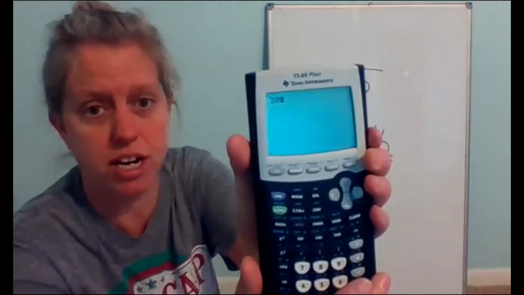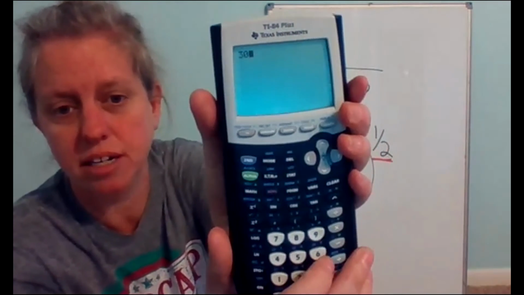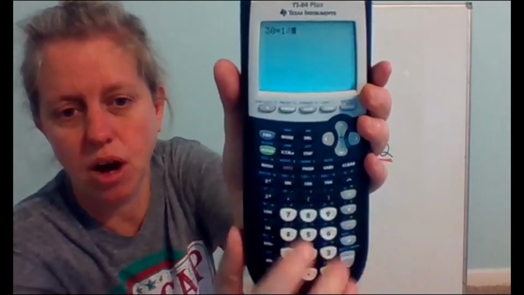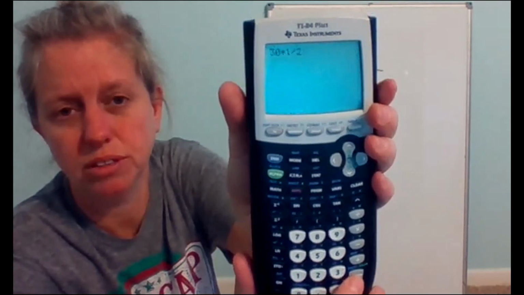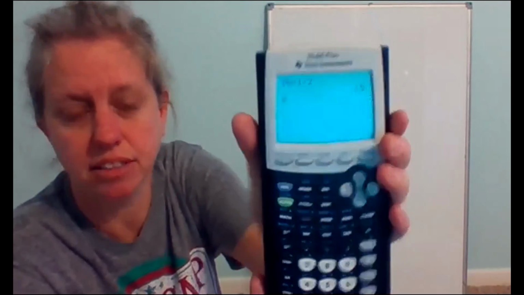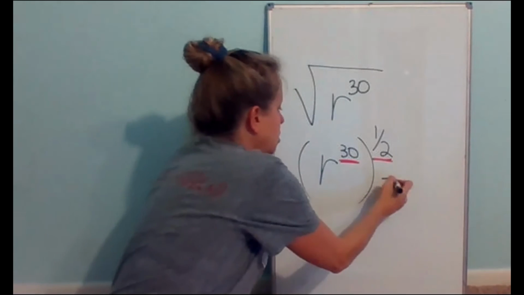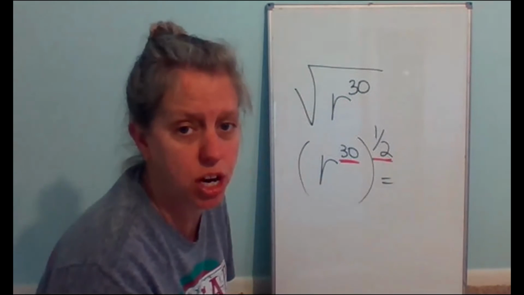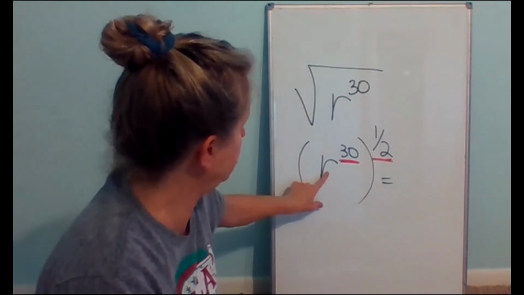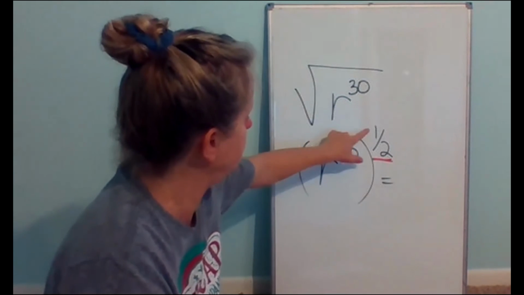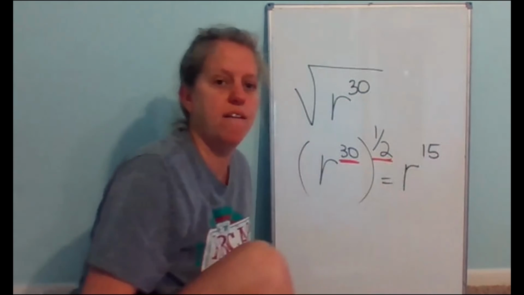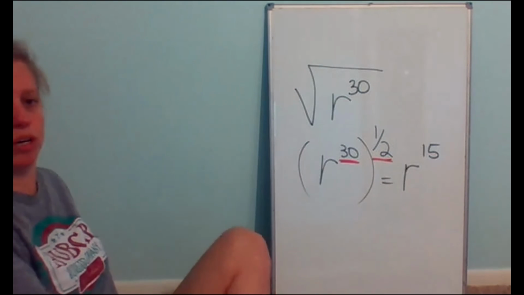So just do that on your calculator if you want. 30 times 1/2, you get 15. So the answer is not just 15. The exponent turns into 15. So r to the 30th to the 1/2 gives me r to the 15th power.